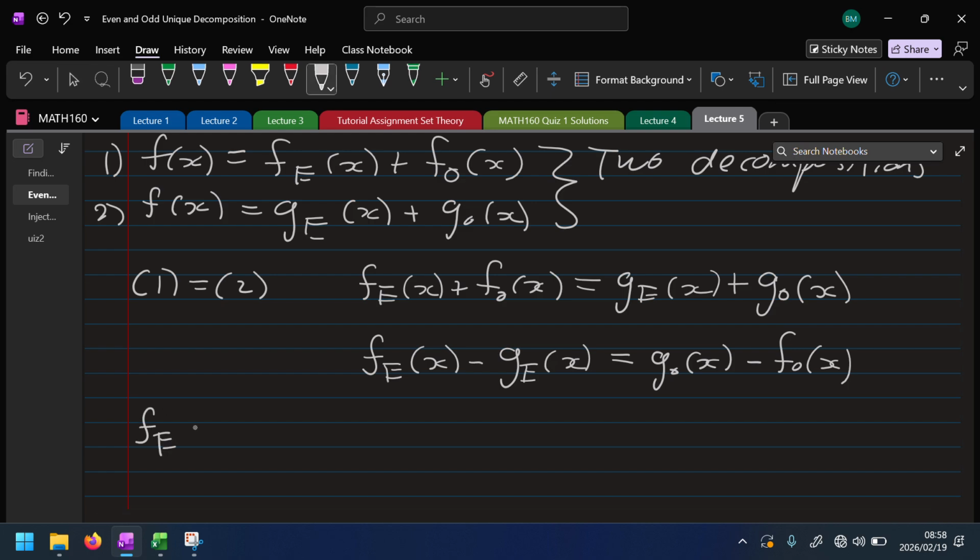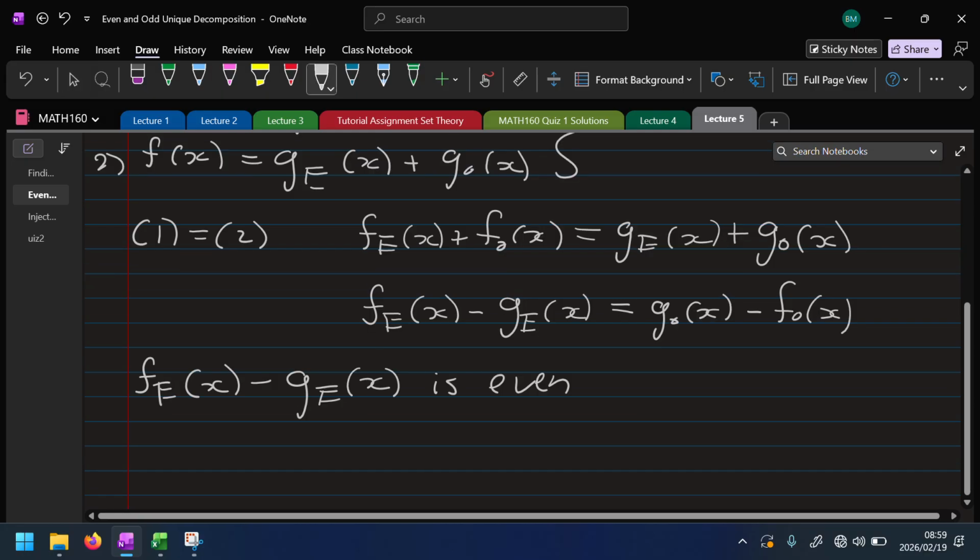So f even minus g even is even. Like I said, you put in the minus x, and you just get back to where you started. That means it's even. Now this side, this is odd. If I put in a minus x here and a minus x here, I just get minus of the result. So this minus this is odd.